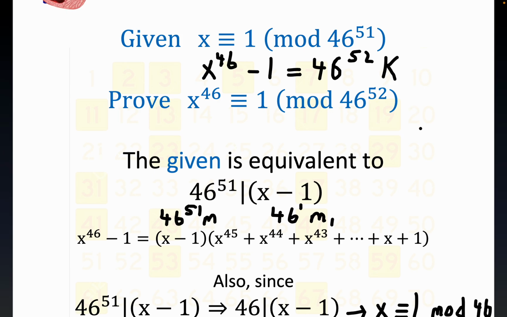I hope that makes sense. I'm just going to leave it like this and say we're good, because this part right here is a multiple of 46 to the 51st, x minus 1 in this factorization, and this part right here is a multiple of 46. So this statement right here is true. I'll check off on this and put QED right next to this.